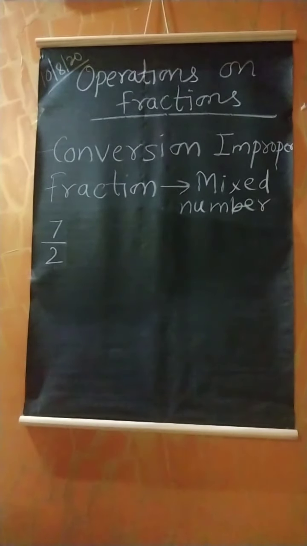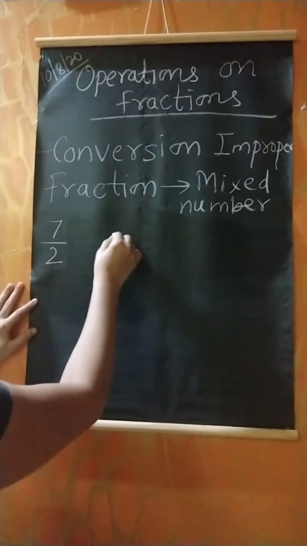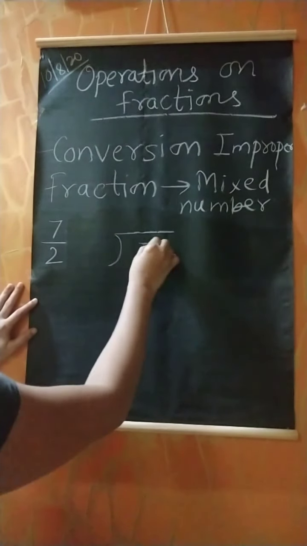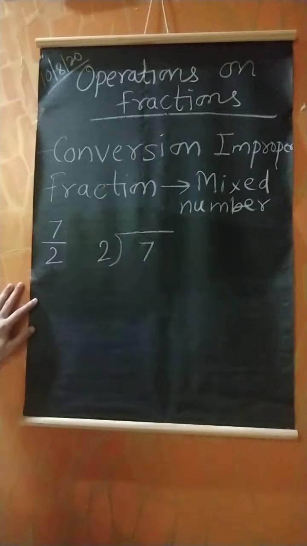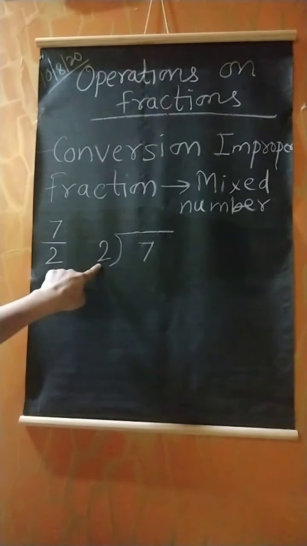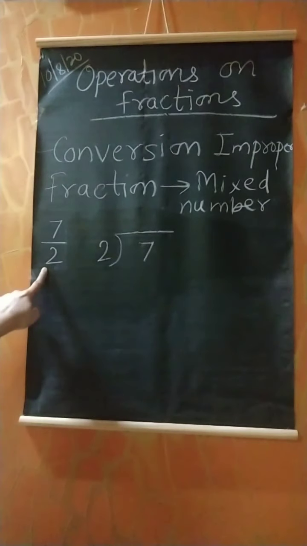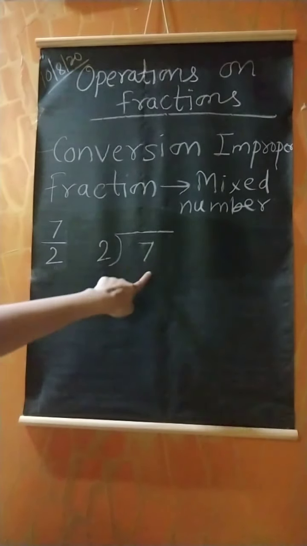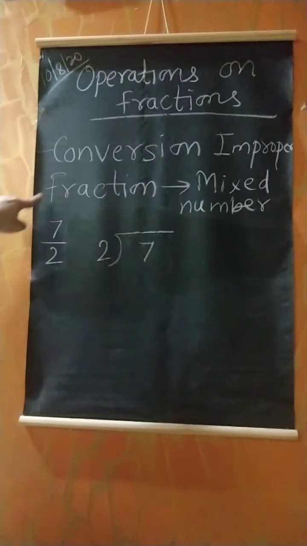When we are putting it in the form of division, we are writing it as 7 divided by 2. So the divisor always comes from the denominator and the dividend always comes from the numerator, right? Now see, this is our simple division which we have done in our 4th standard also.